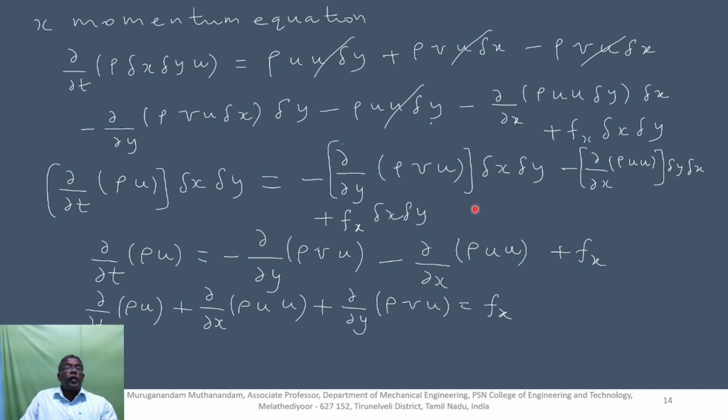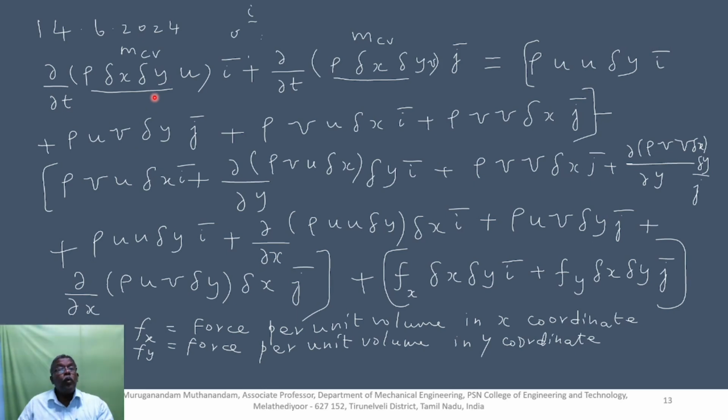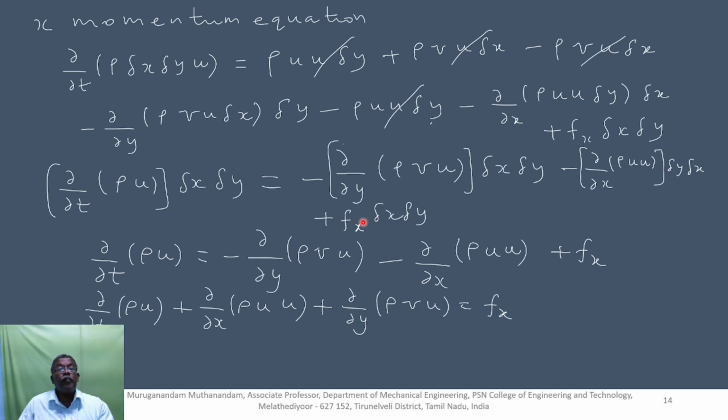From this vector equation, we extract the momentum equation along the x direction. What we do is, the coefficients of the unit vector i are separated on both the left hand side and right hand side. Partial upon partial t of rho delta x delta y u is equal to rho u delta y plus rho v u delta x, and so on.